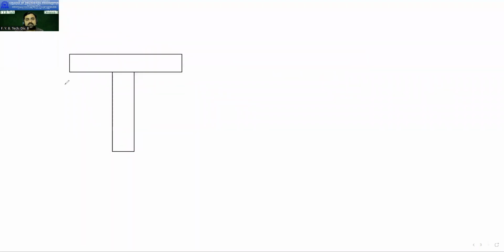So here at this corner my y-axis is there. This total is 12 centimeter, this is 3 centimeter, this total is 10 centimeter, and this is again 3 centimeter.